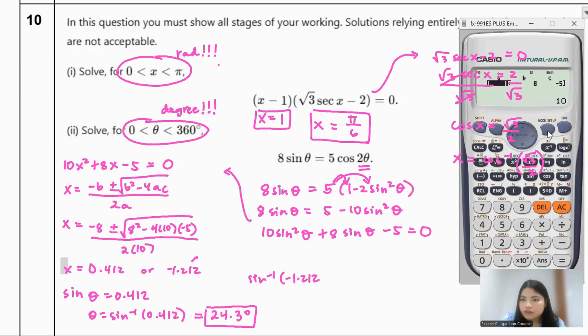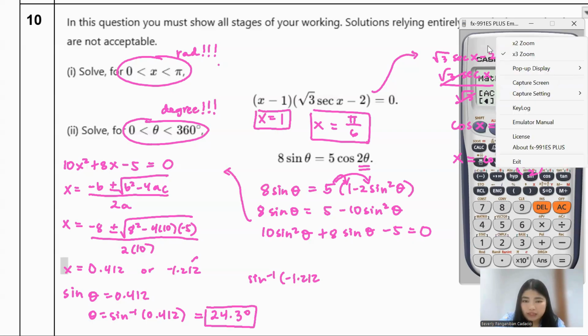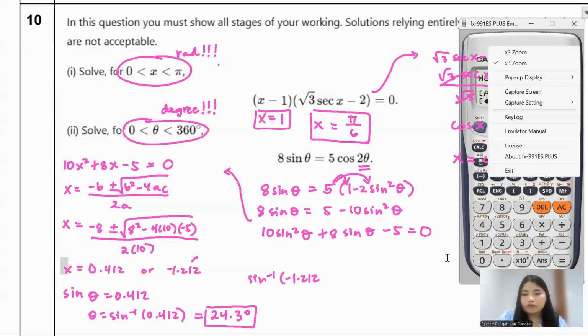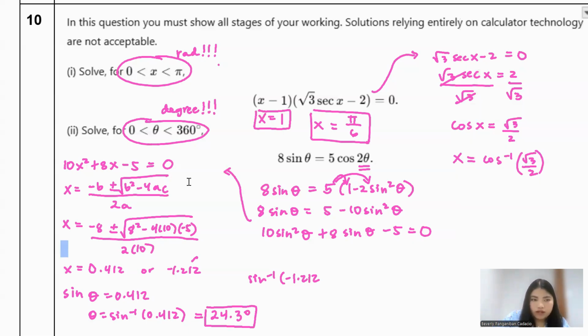Sine inverse of negative 1.212, there's nothing. It's an error because again, it must be only between 1 and negative 1. So I'm going to reject that. We can just reject that thing.